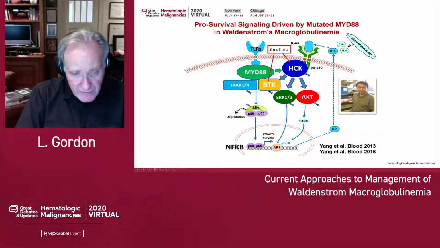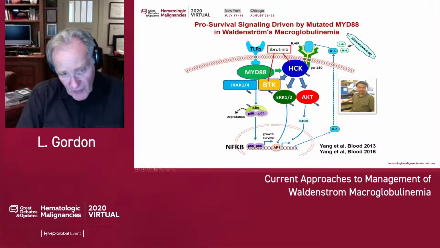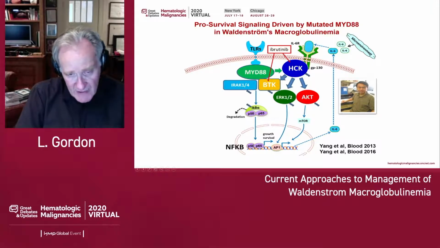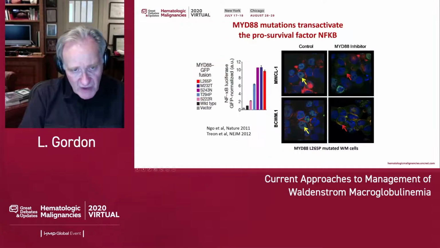Ultimately, though, leading to NF-kappa B initiation and production, a pro-survival signal, a good signal for tumor survival. And so that's probably the mechanism of this whole pathway and why that might be so important.